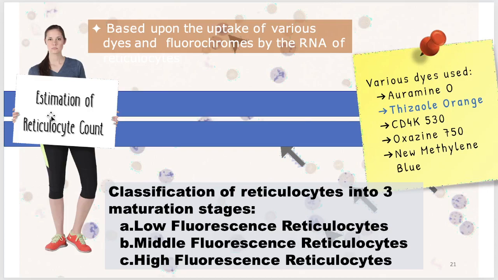Again, anong concept na dapat nyo maintindihan in terms of your estimation of your reticulocyte count? The degree of your fluorescence emission caused by the excitation bound dye is proportional to the amount of RNA in your erythrocyte.